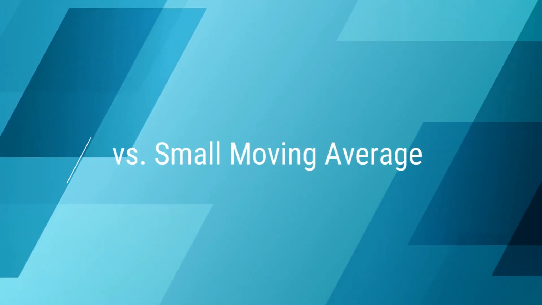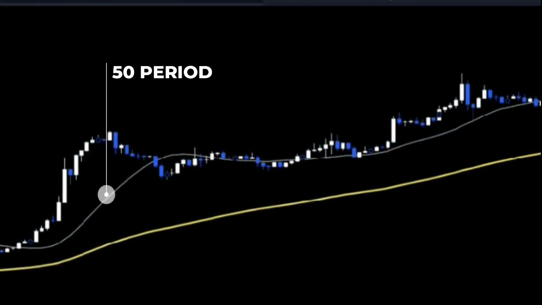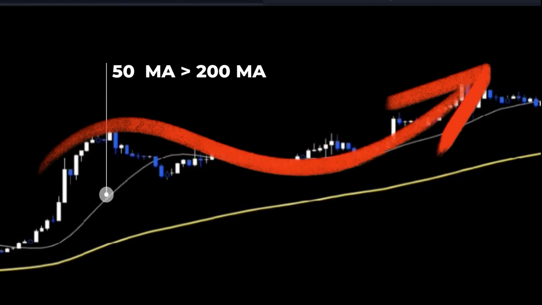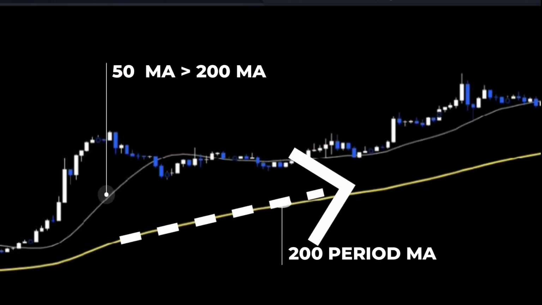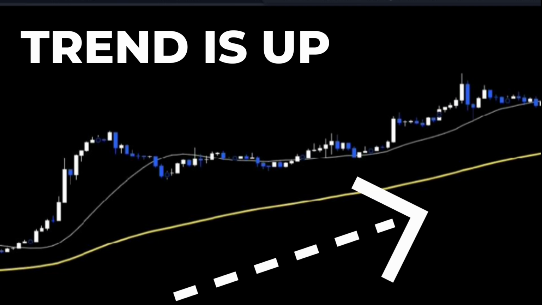Let's talk about using two moving averages to spot trends. We'll use a 50 moving average, which is the smaller one, and a 200 moving average, which is larger, in this example. When the 50 moving average line is above the 200 moving average line, it's like they're saying, hey, the trend is your friend and it's going up. This means we're in an uptrend, so keep your eyes peeled for good times to buy.